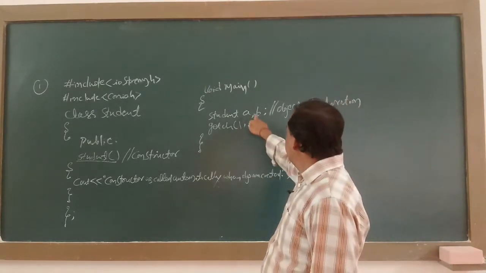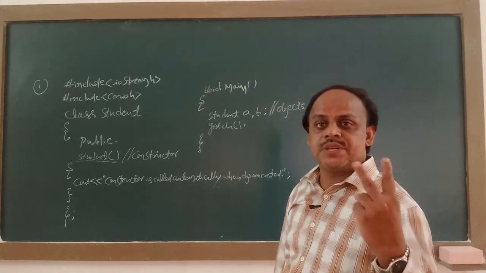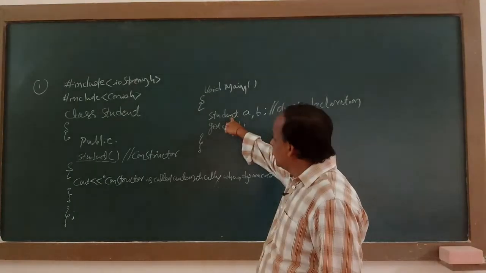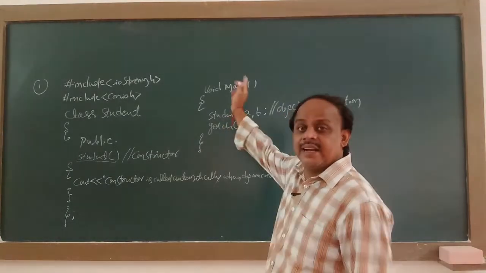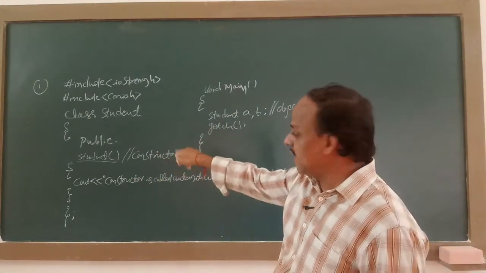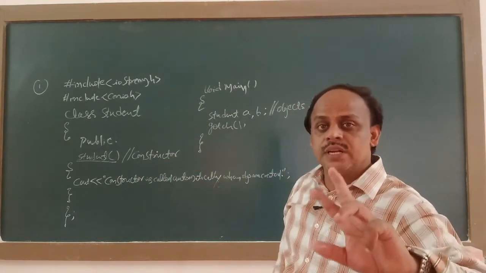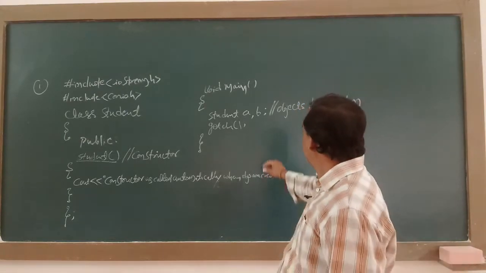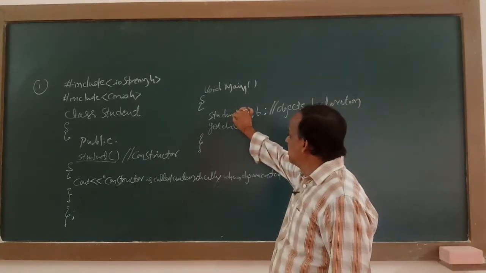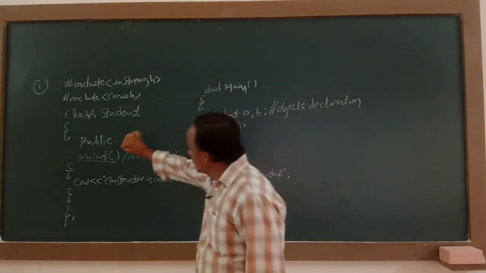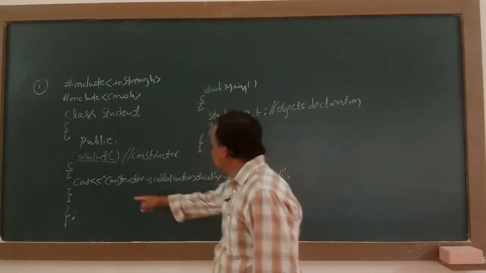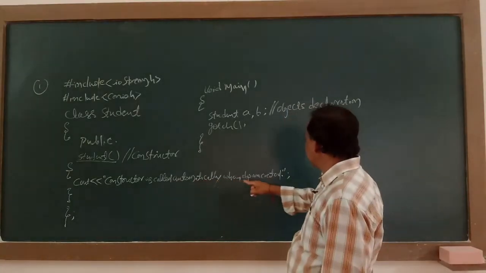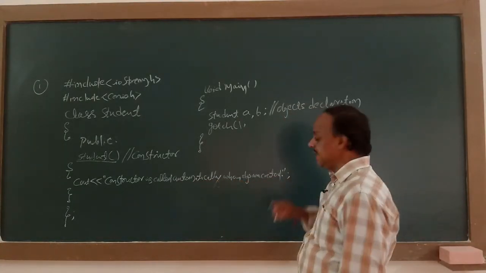Here we declared two objects, therefore the student constructor is executed twice. That is, whenever the cursor comes here, automatically this constructor is executed. This statement prints: constructor is called automatically when objects are created.